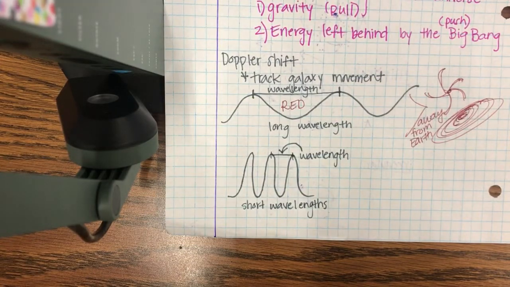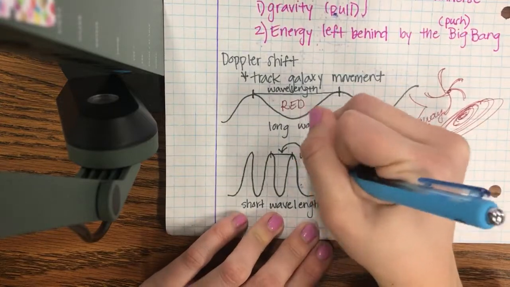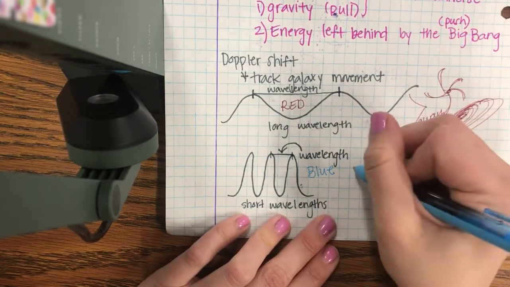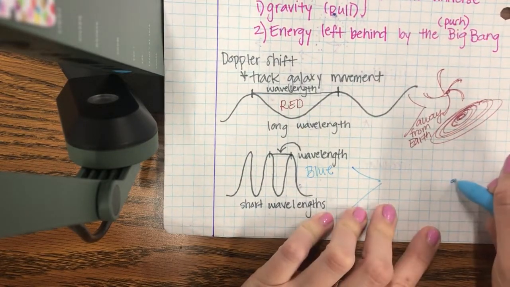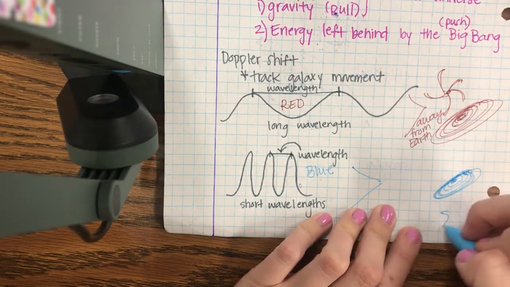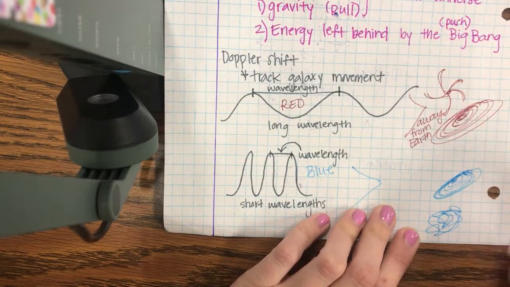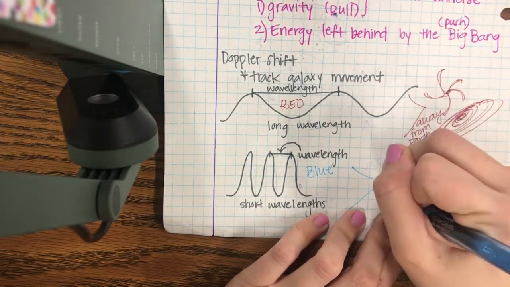Make sure you're leaving room, unlike me, for your summary. So that means if they appear blue, they are moving towards Earth.